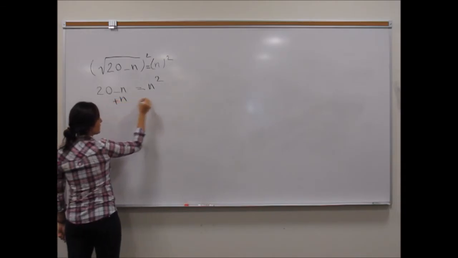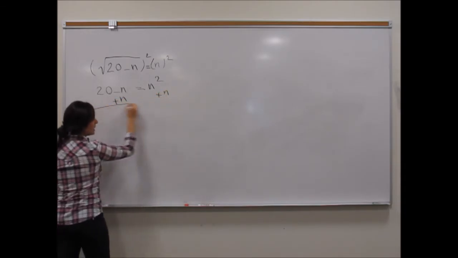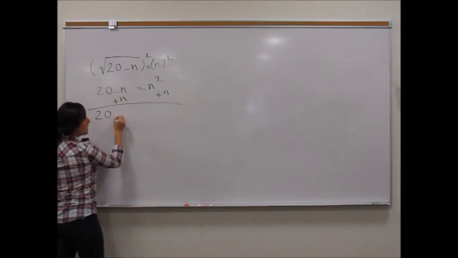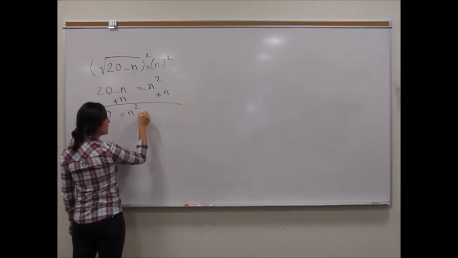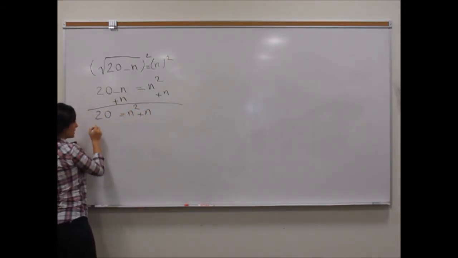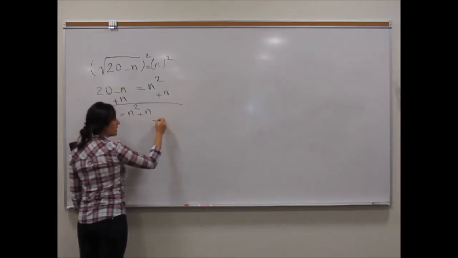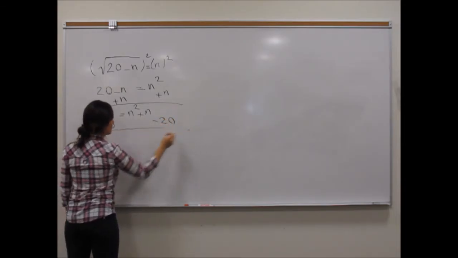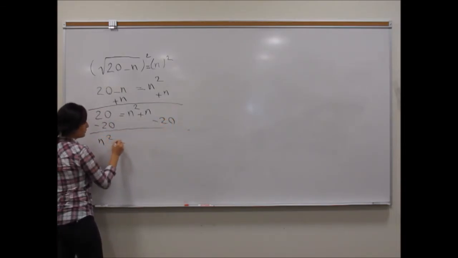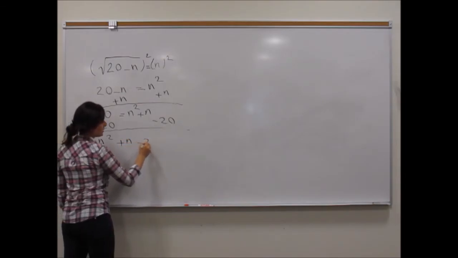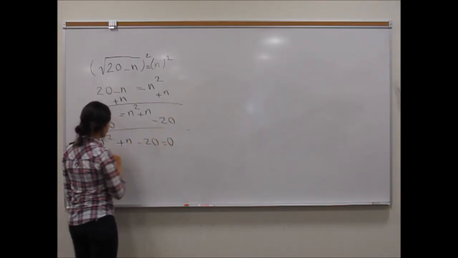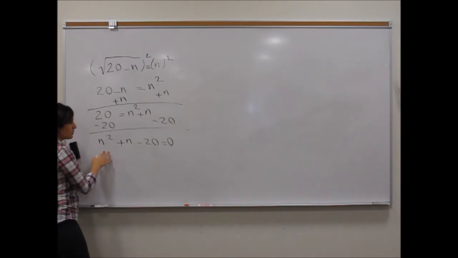So plus n, I would have 20 on this side and n squared plus n on the other side. And then let's subtract the 20 from both sides. So I would have n² + n − 20 = 0. And this is a quadratic equation.